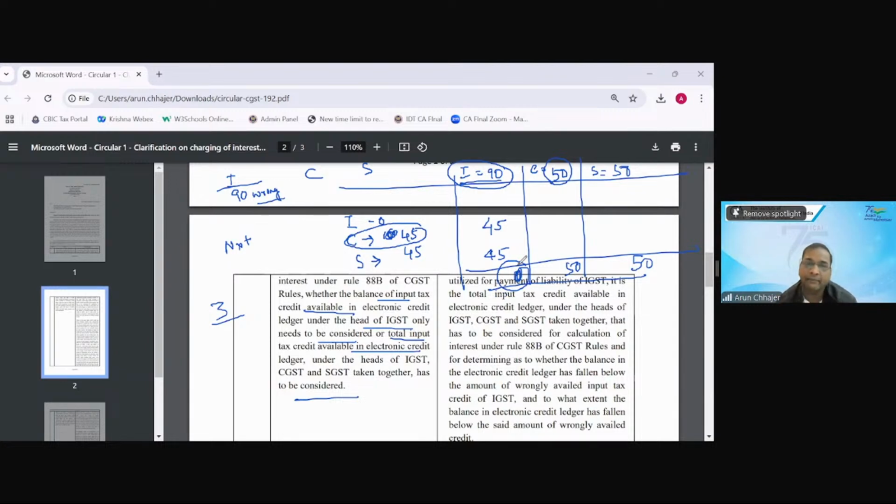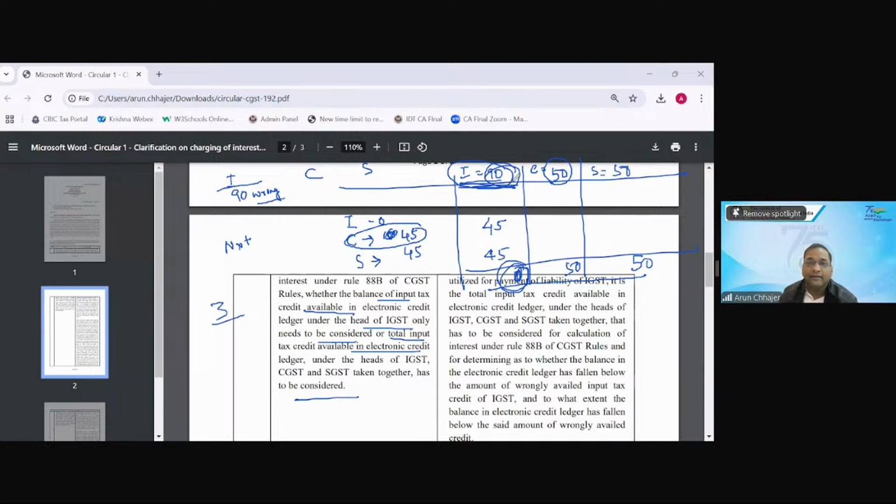Will the interest be applicable in the 88B? 50 subsection 3 says that if it is availed and utilized, prima facie, if I see only IGST, it has been availed and obviously it has been utilized because the balance is below 90. So utilized.